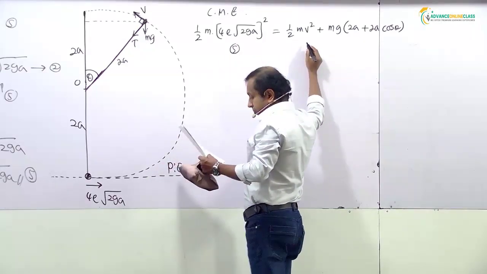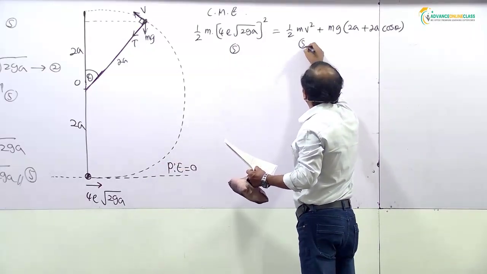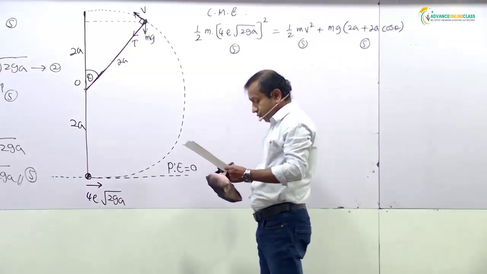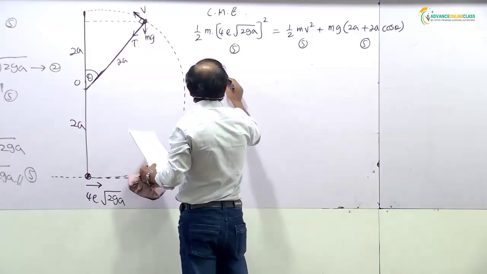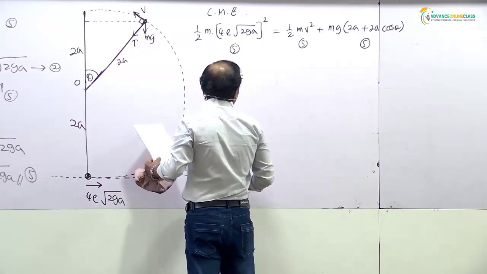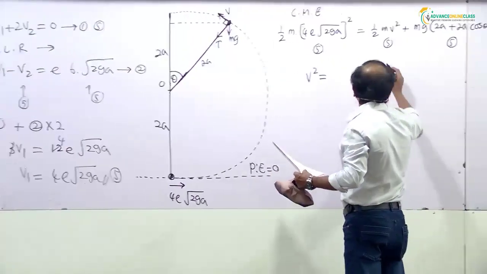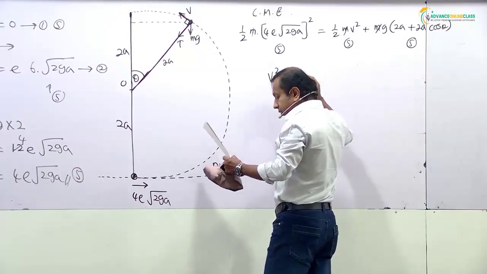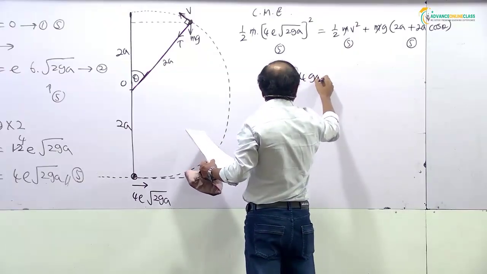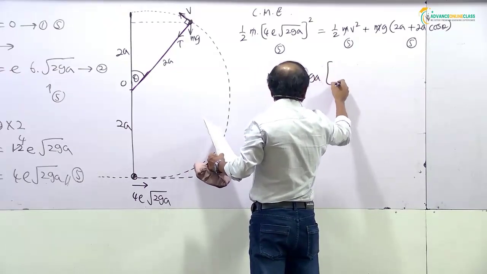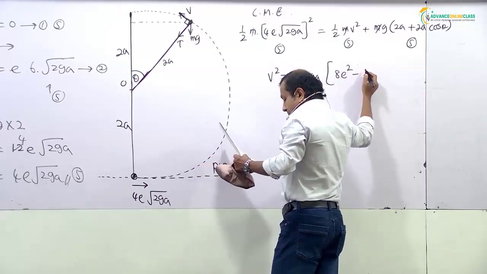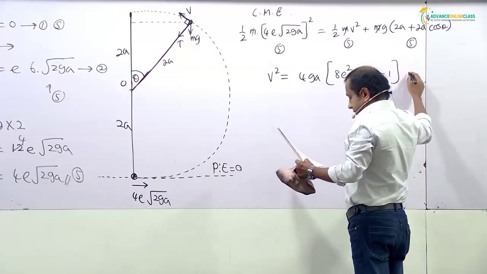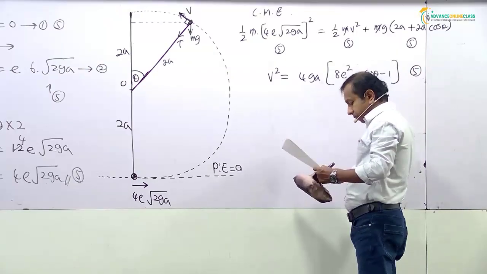Here 5 marks. Simplifying this, we get V squared. I'm not going to show the steps in taking this V squared; you can do that. Just cancel down the m, multiply by 2, and simplify. We get this answer: V squared equals 2 GA times (8e squared minus cos theta minus 1). For this 5 marks.